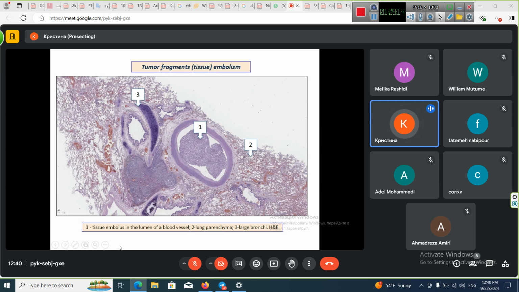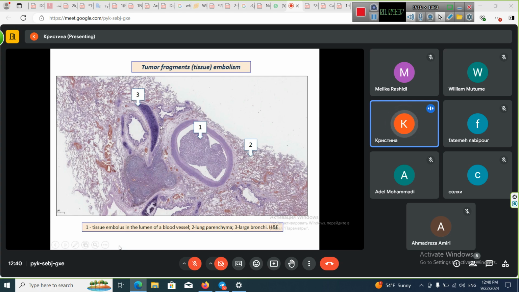Actually, we see here a portion, part of the section of the lung. So number two shows the lung parenchyma. Here we see the alveoli at very low magnification, so it is hard for us to see them. Number three shows us the large bronchus.